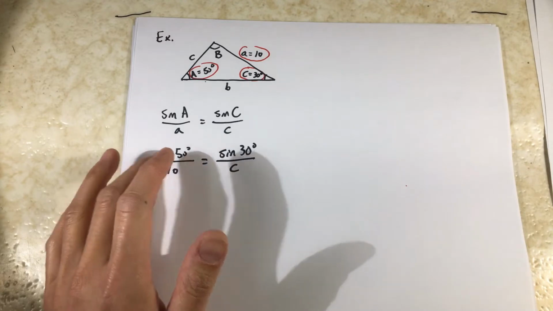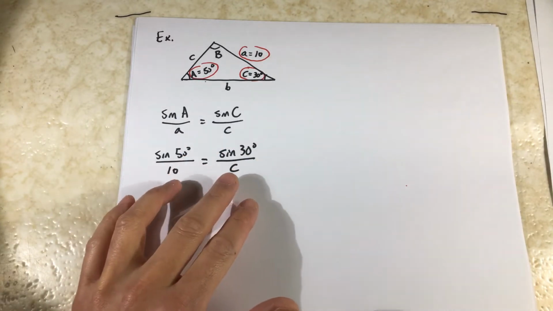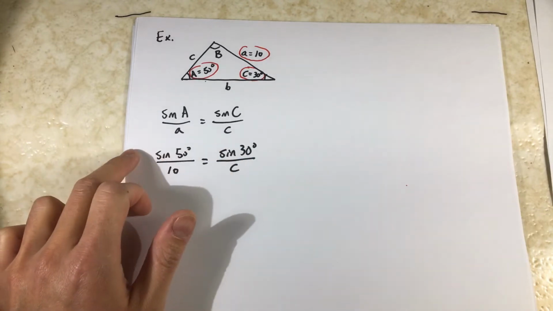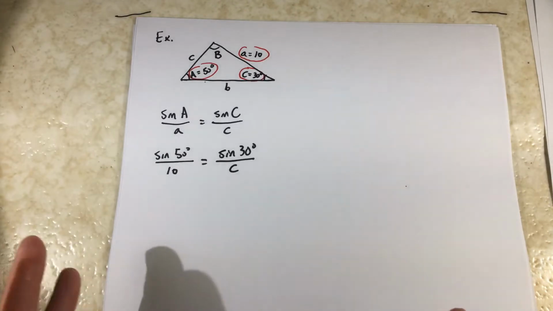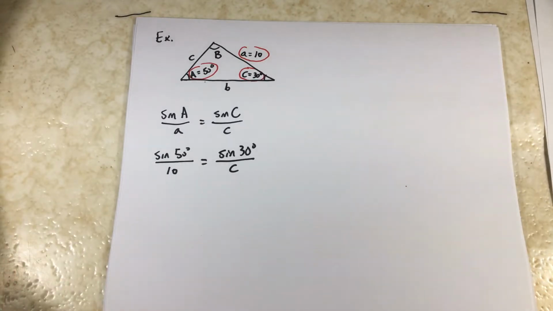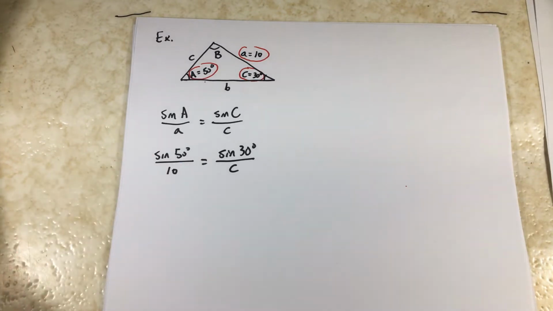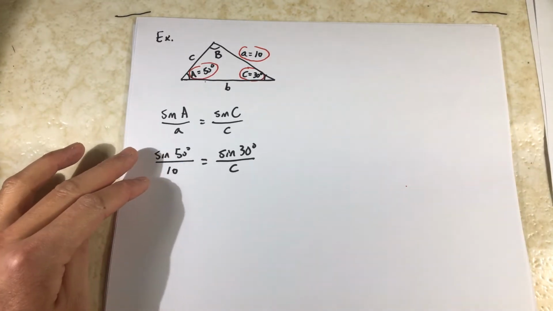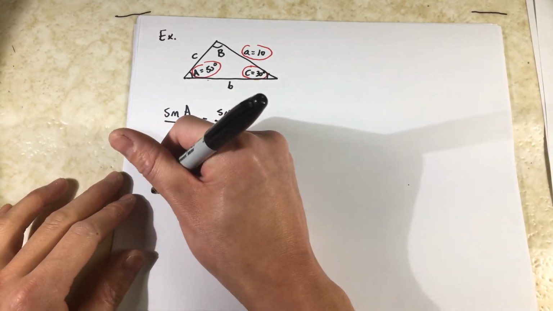If you feel comfortable cross multiplying, that's the easiest thing. The longer way is to multiply both sides by c, multiply both sides by 10, and divide both sides by sine 50. I'm going to show you a shorter way, something in between those two methods, which is first to flip both sides. If what you want is a denominator, what you should do is flip both sides.